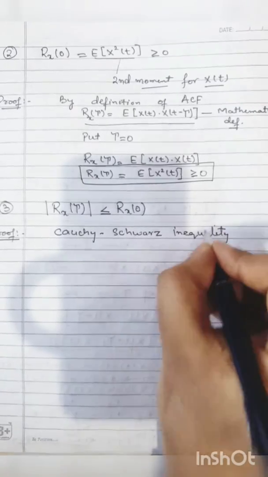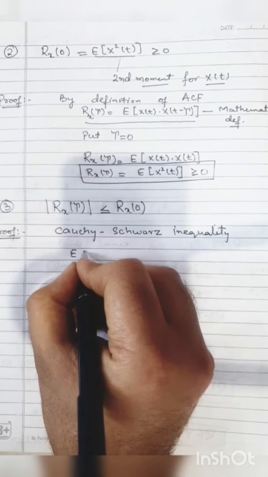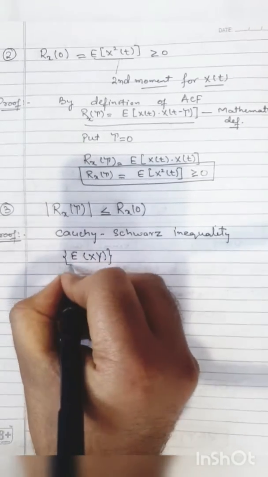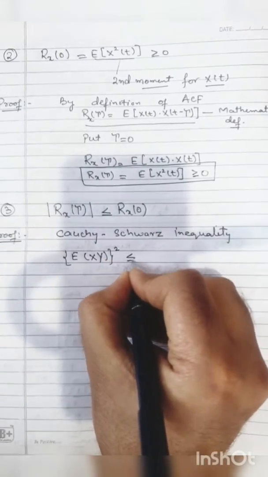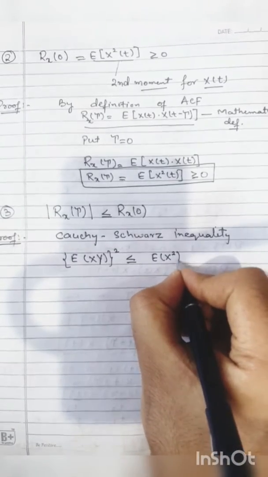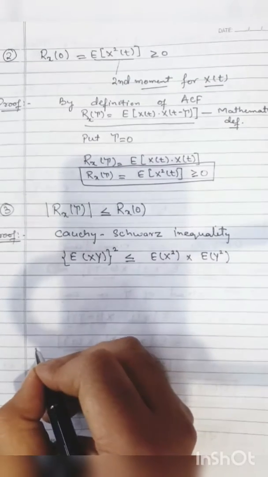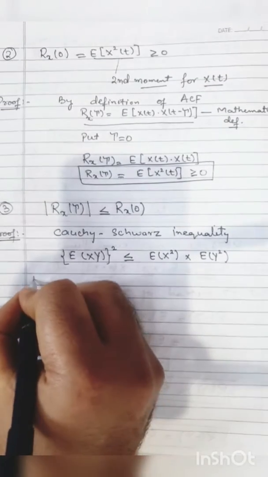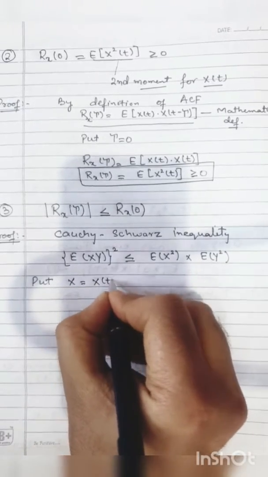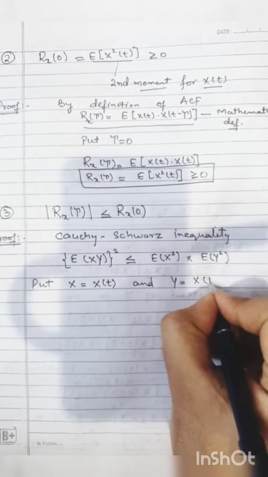By this inequality, we can write that the expectation of XY, whole squared, should always be less than or equal to the individual expectation of X squared into the expectation of Y squared. Now we will put X equal to X(t) and Y equal to X(t minus tau).